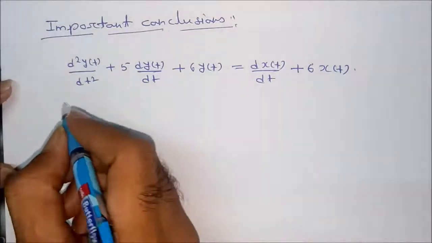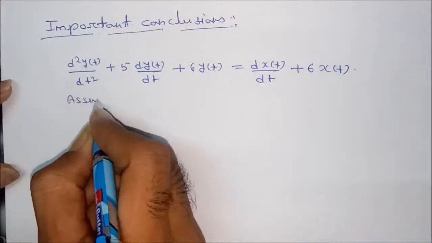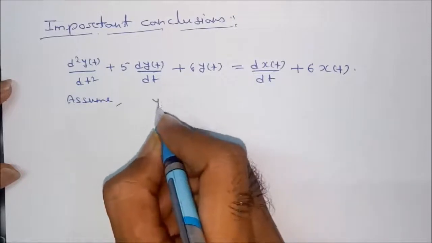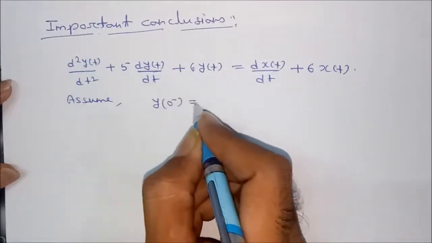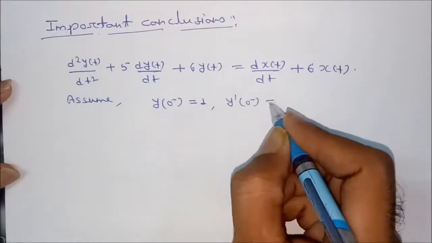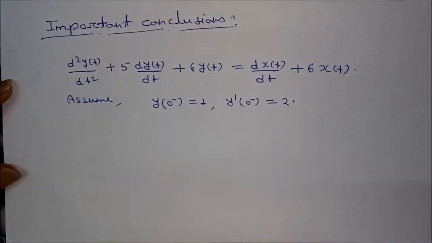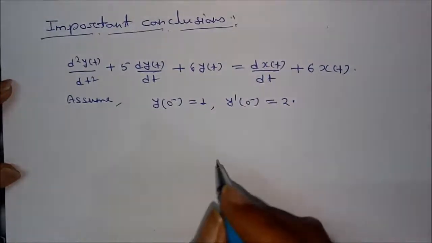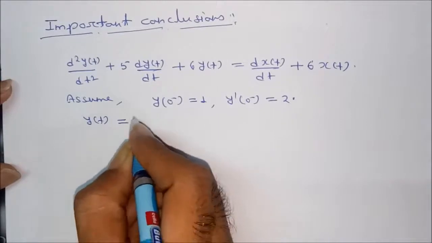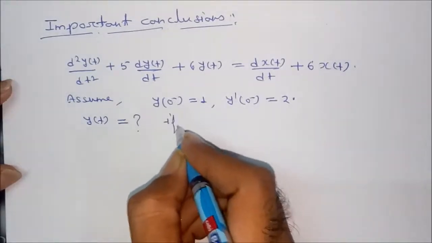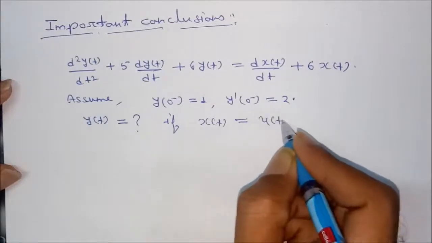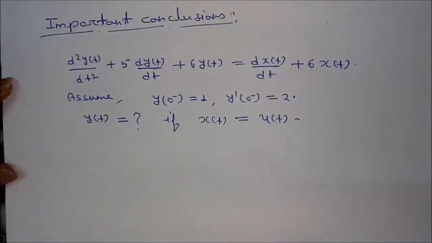Assume the initial conditions are y(0-) equal to 1 and y dash (0-) equal to 2. Then it asks to obtain the response of the system: obtain y(t) if x(t) is equal to u(t), the unit step function.